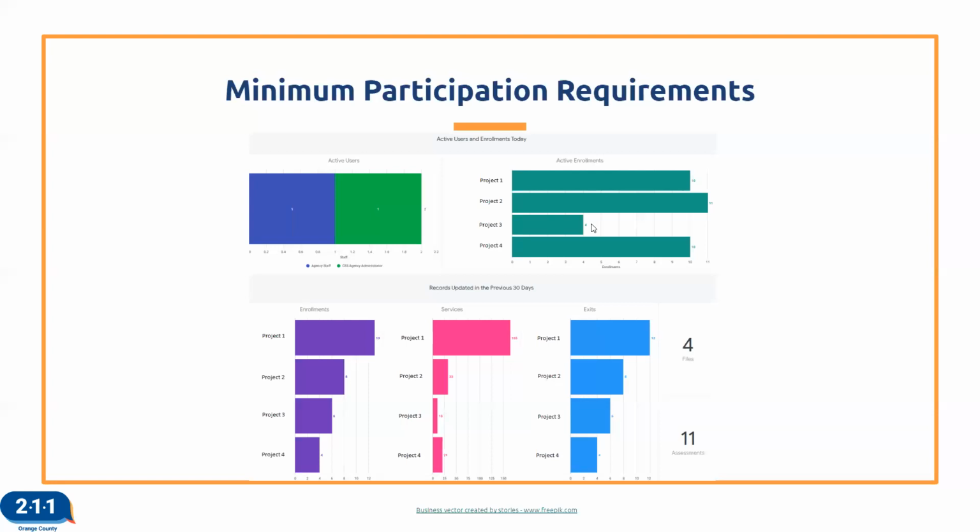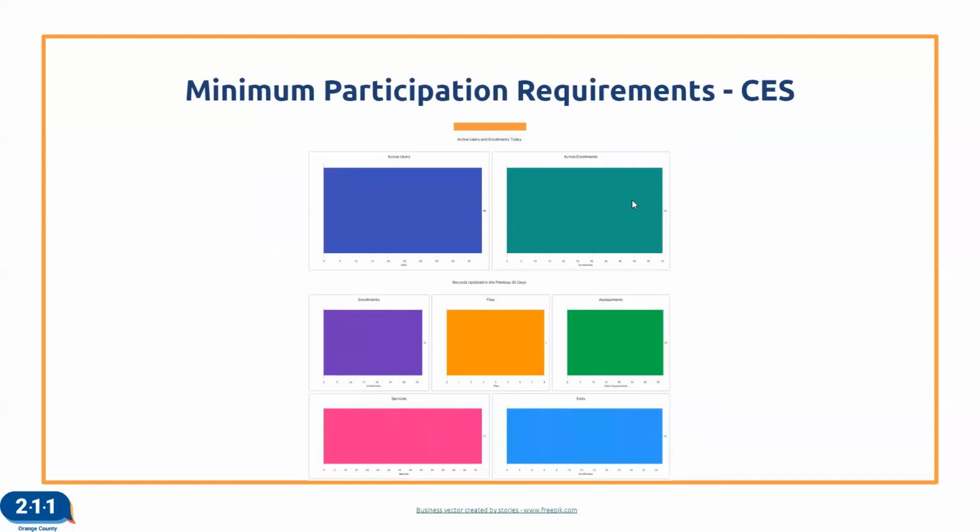So we are looking at this first dashboard, there'll be no data here, but under the coordinated entry dashboard, they should have data here in enrollments, because we're trying to see if the agency is entering data into HMIS. So we're considering both dashboards. They don't have to have activity in both dashboards. They have to have activity in at least one dashboard.